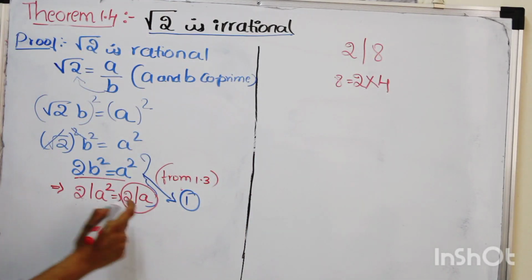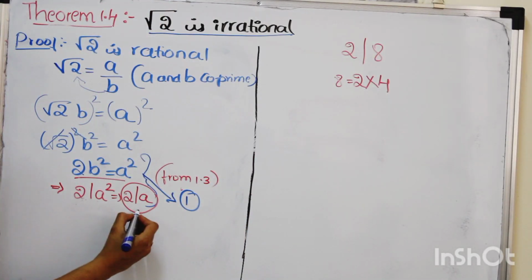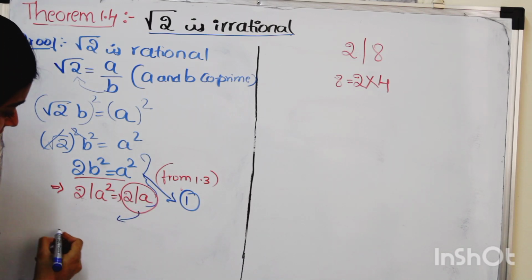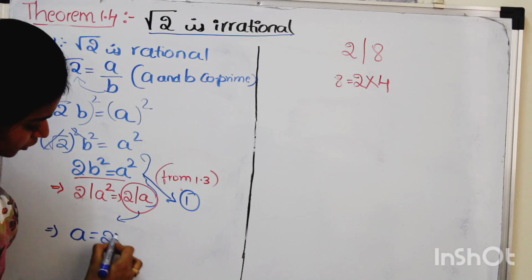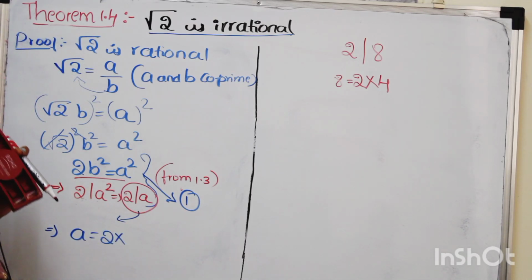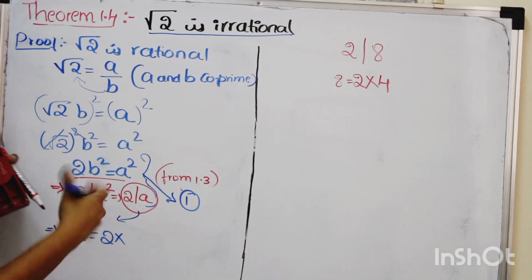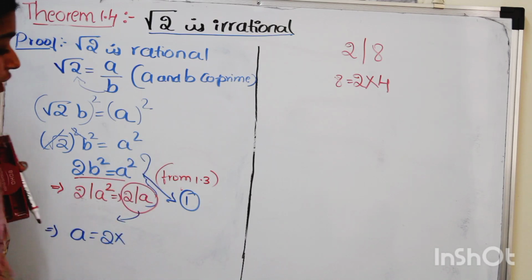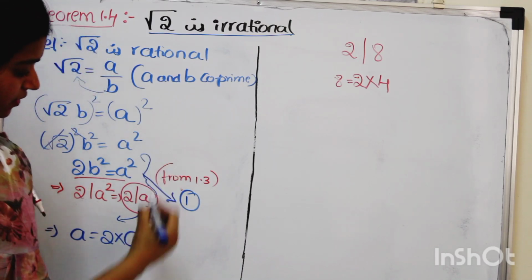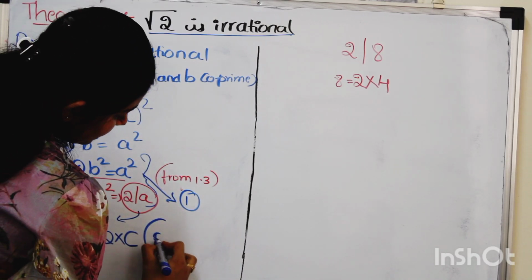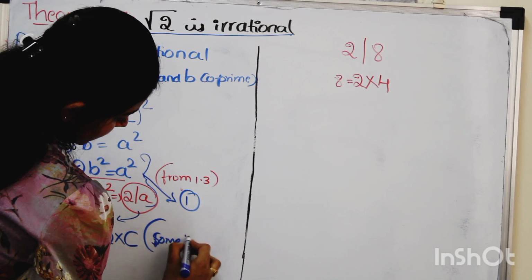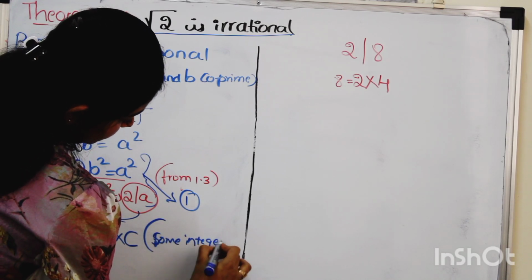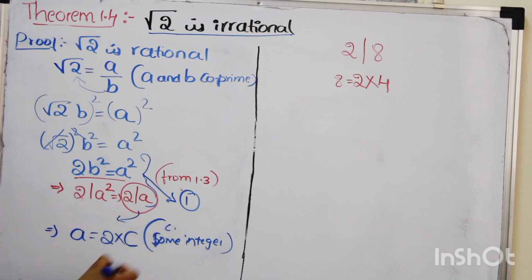Similarly here, you have 2 divides a. So this means you can write a equal to 2 into some number. You don't know what the number is, so let us take c. What is c? Some integer.